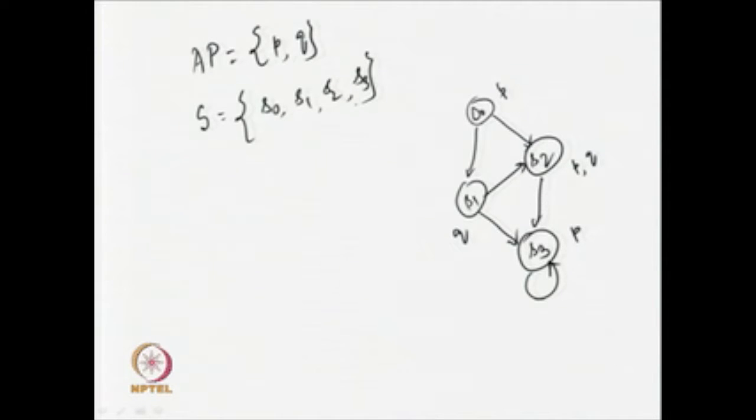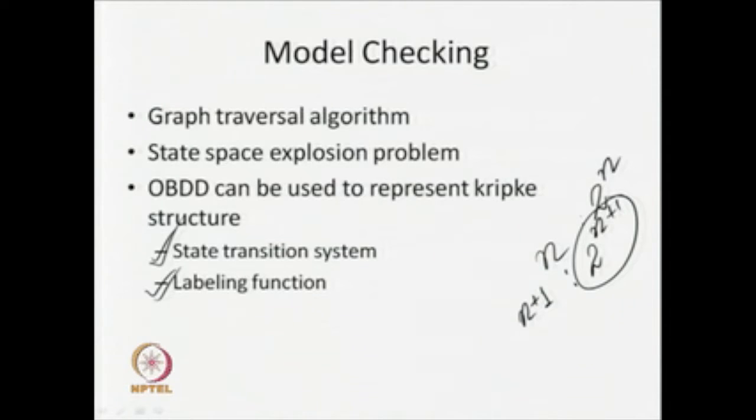And on the other hand, these are labeled with these atomic propositions. So, when we talk about a Kripke structure, we need the state transition system along with this labeling function.